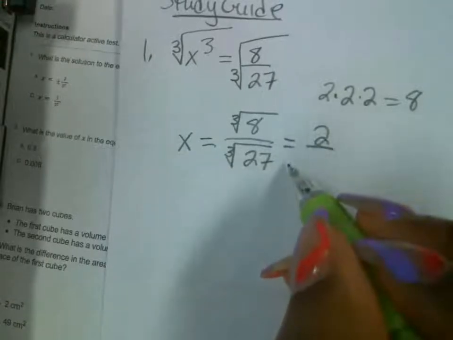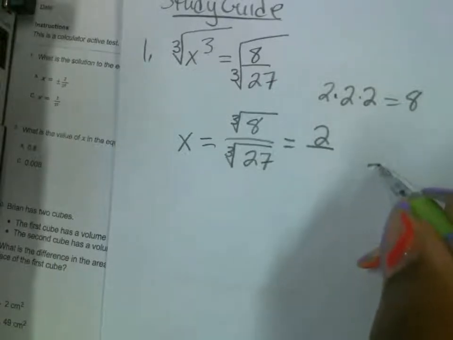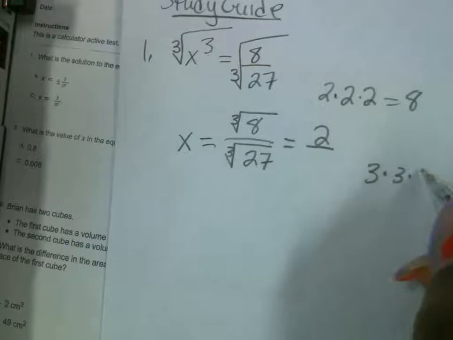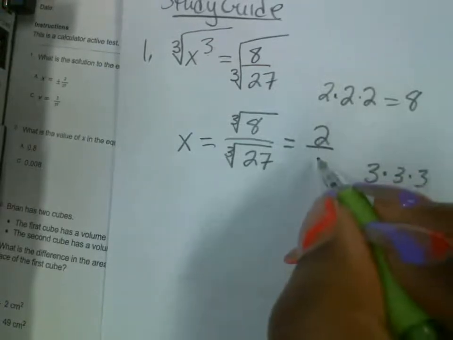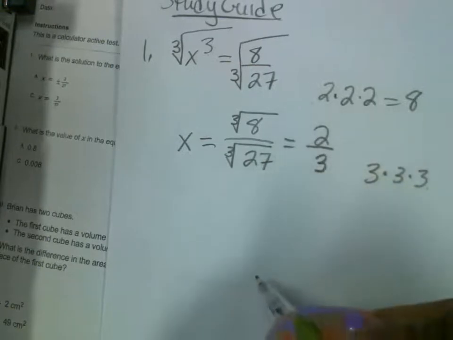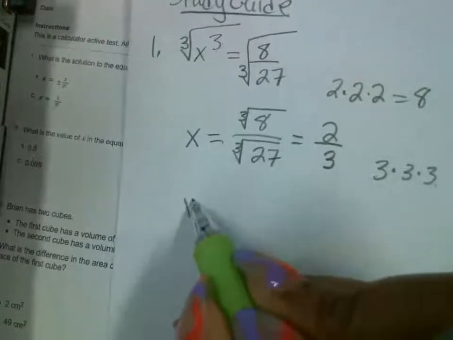That's your numerator. On the bottom, what number can be multiplied times itself 3 times to give you 27? And that's 3 times 3 times 3. 3 times 3 is 9. 9 times 3 is 27. So the one number that can be multiplied times itself 3 times to give you 27 is 3. So this is my answer.